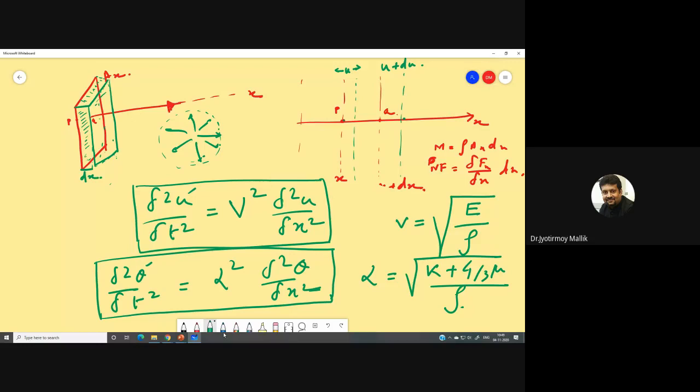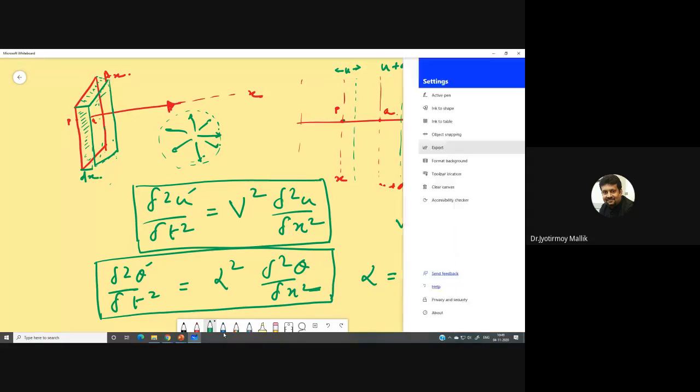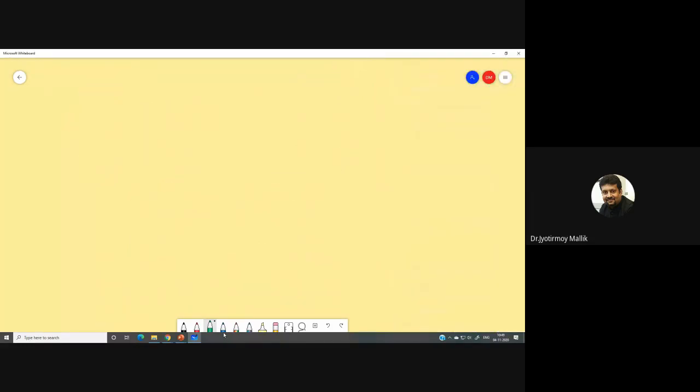Now, let's write this term alpha: alpha is equal to root over K plus 4/3 mu by rho. Now, for any liquid or gas, what's the value of mu? What is mu, by the way?